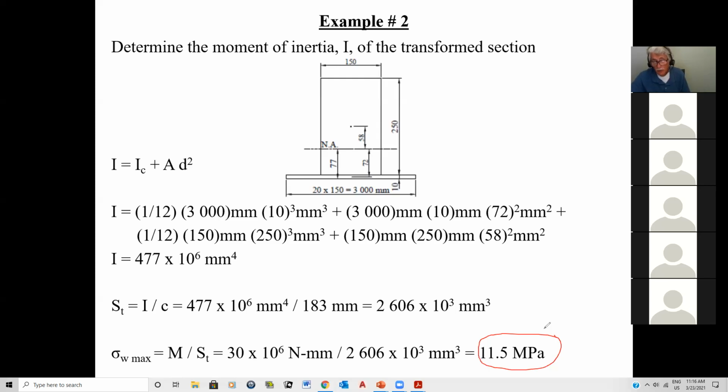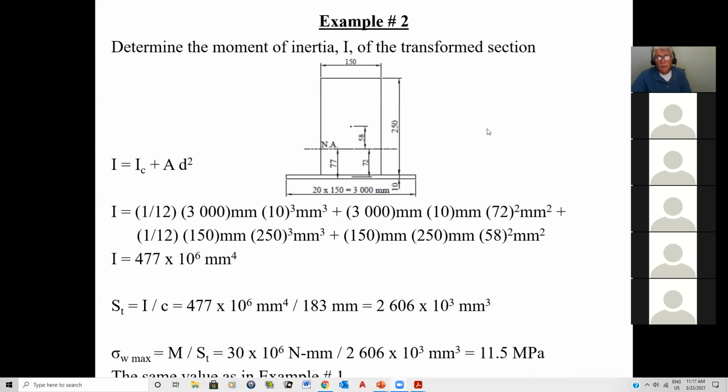But now I don't have to multiply by n because everything is in wood. Now, if I want to calculate the stress in the steel, I have to multiply the stress by the n value. And therefore, okay, I have exactly the same value as I had when I calculated the stress in the wood in the previous problem.